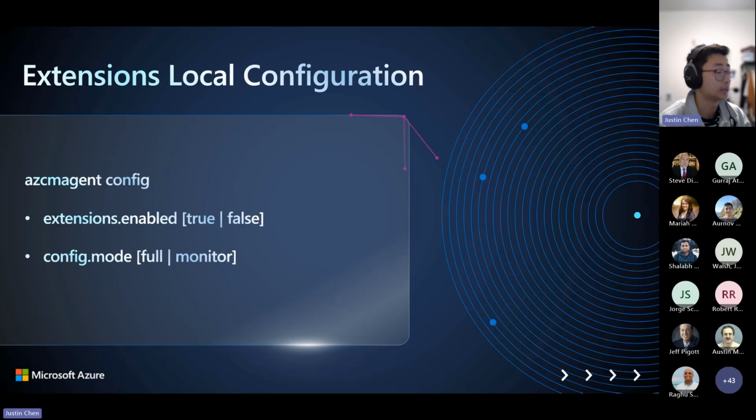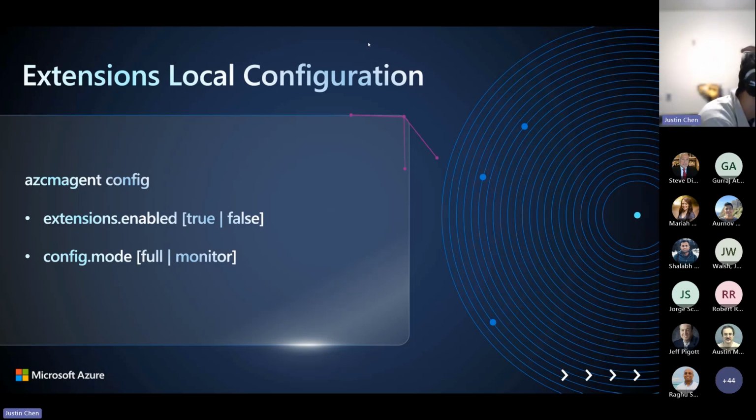We also disable guest configuration and limit the inbound connections to your machine. For example, it prevents SSH, Arc and WAC from being used on your machine. So those are the properties that customers can use to customize the machine.